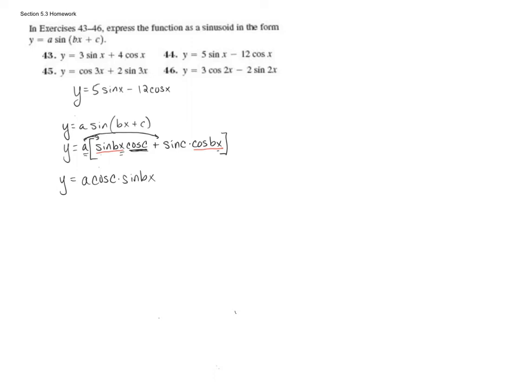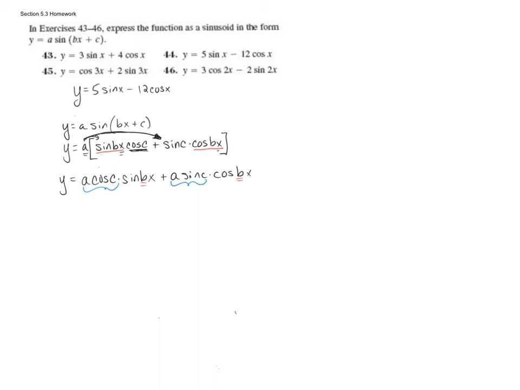And as I bring the a into this second quantity, a is constant, sine of c is constant, and it's being multiplied by the cosine of bx. So what that has now is the potential to recognize that we have a constant times the sine of bx, and we have another constant here times the cosine of bx.